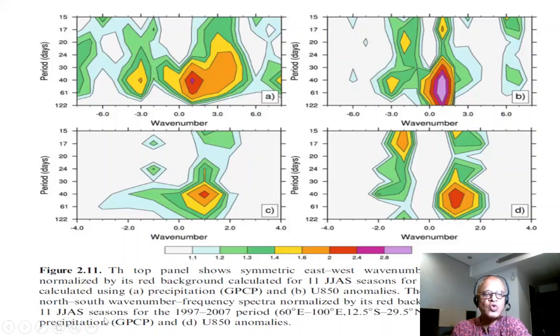Bottom panel shows north-south wave number frequency spectra, again averaged over 60 east to 100 east, 12.5 south to 25 north, using precipitation and U850 anomalies.